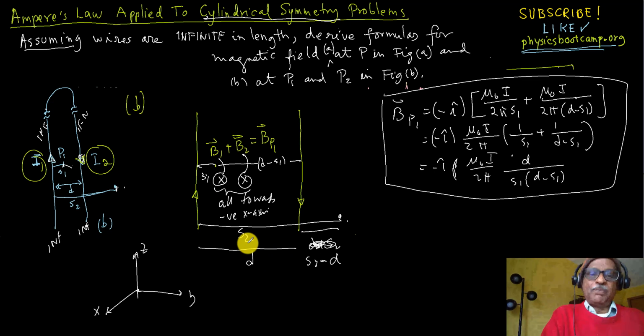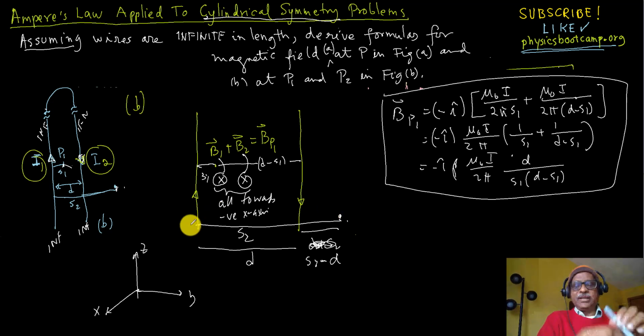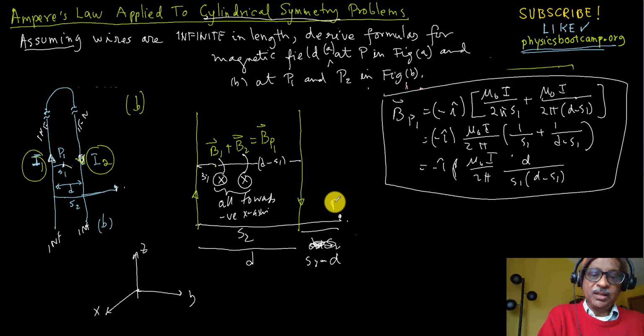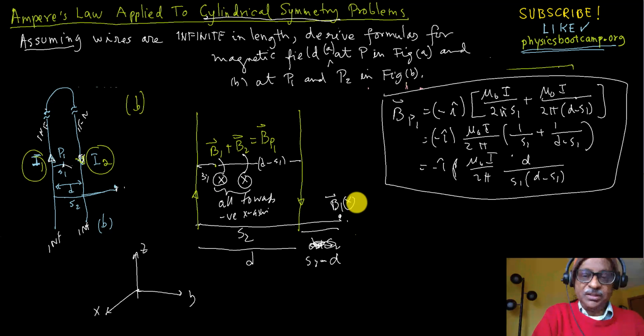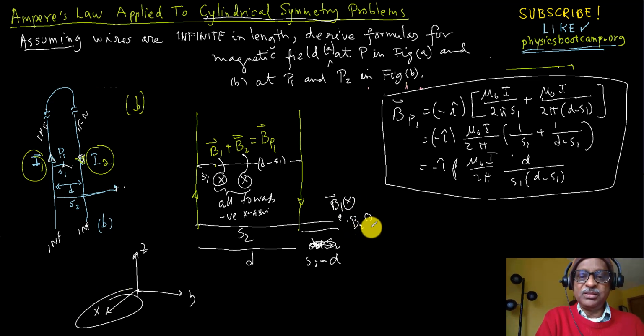Now again B1 from here, using the right-hand rule, B1 is into the board. How about B2? B2 is actually coming out of the board. So using the same coordinate system, this is going to be plus i hat and this is minus i hat.